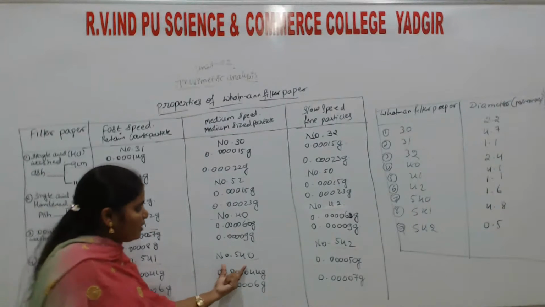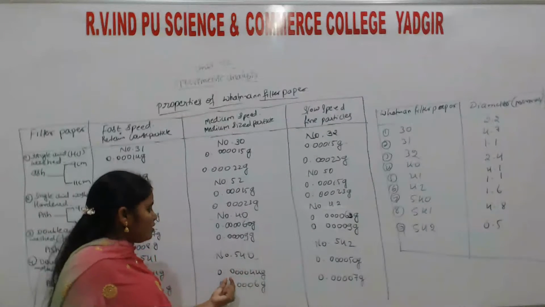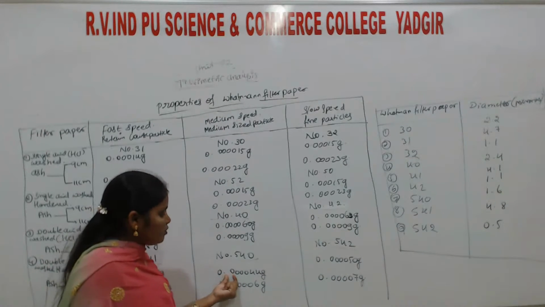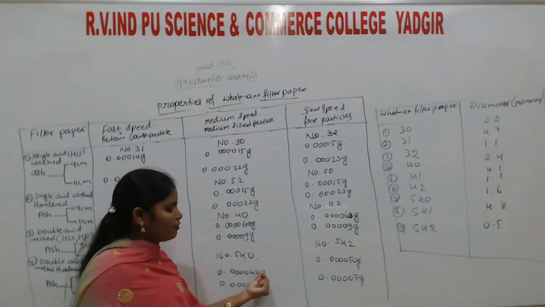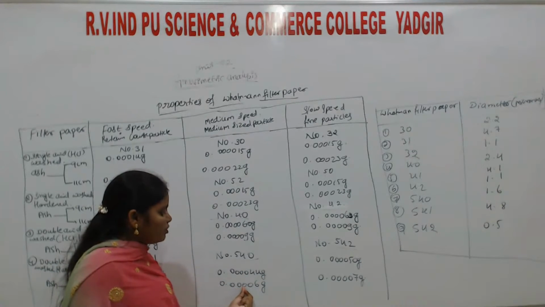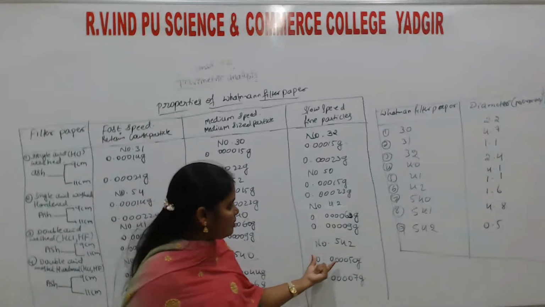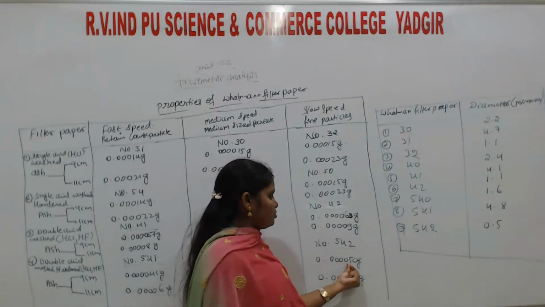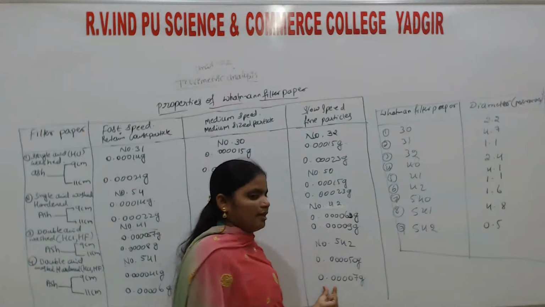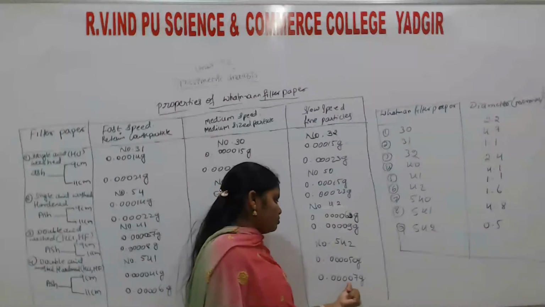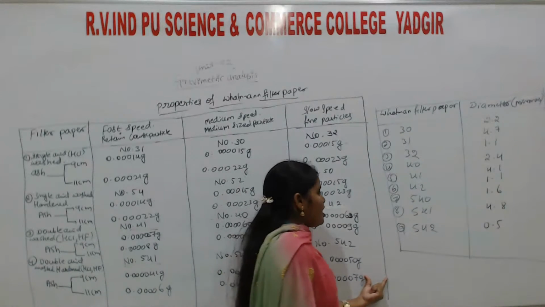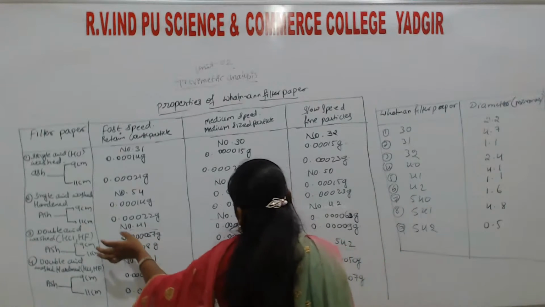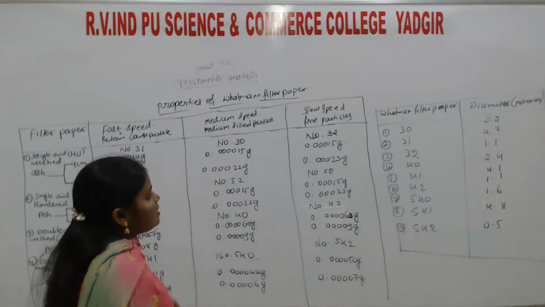In number 540, in 9 centimeter the ash weight is 0.00044 gram and 0.00006 gram. And Whatman filter paper 542: 0.00050 gram, in 11 centimeter 0.0007 gram. Here 9 centimeter and 11 centimeter diameters are used.